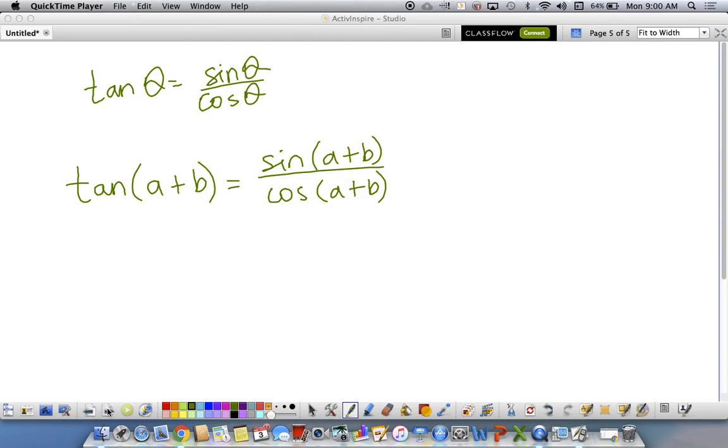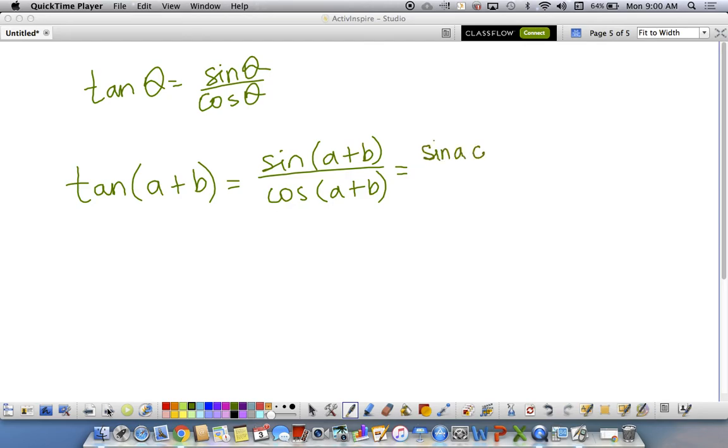So what do you know about sine A plus B? So sine A plus B, you have formulas. We've just used these formulas. It is what?